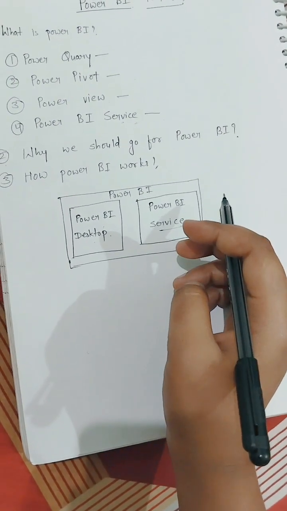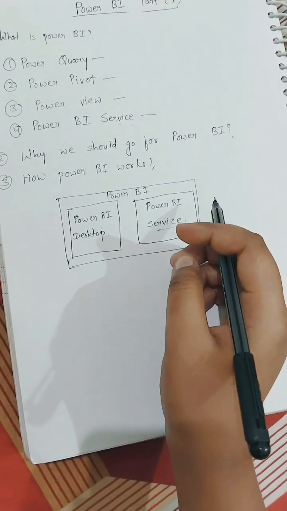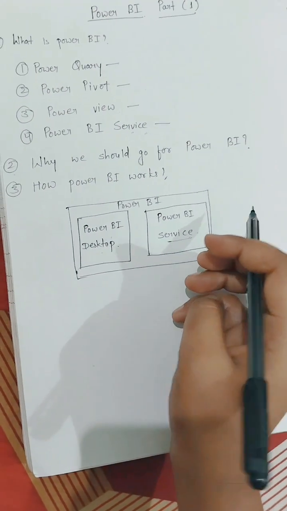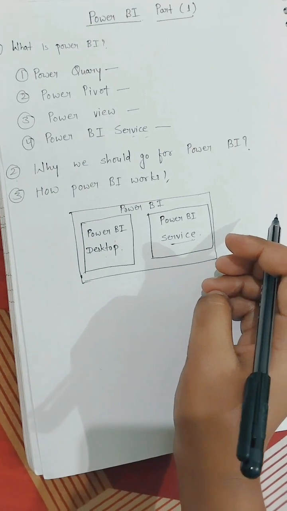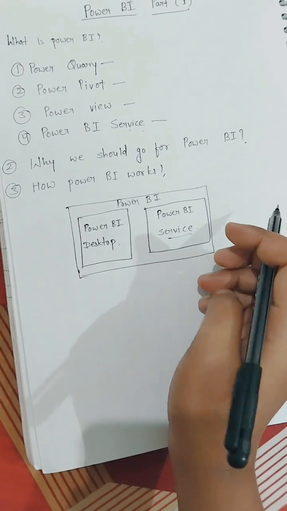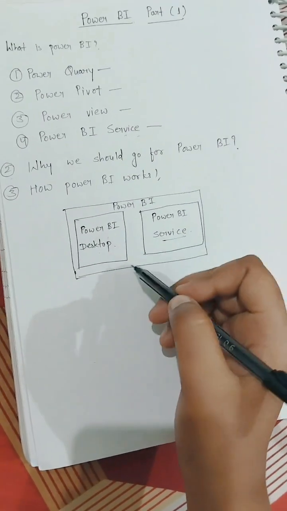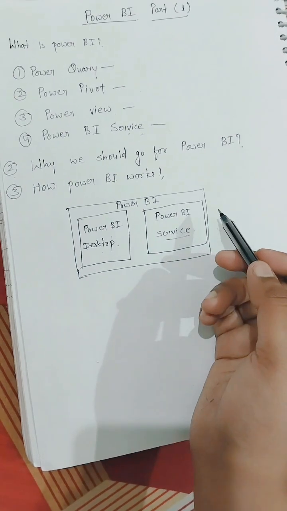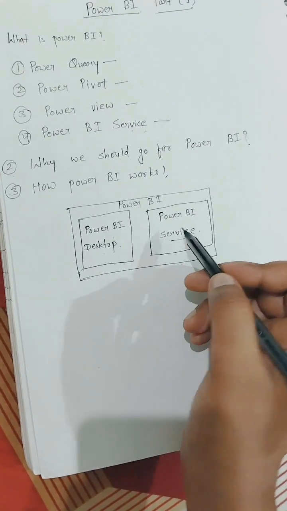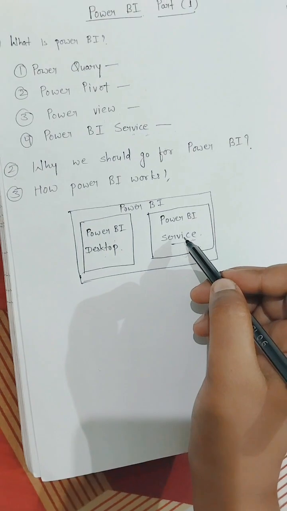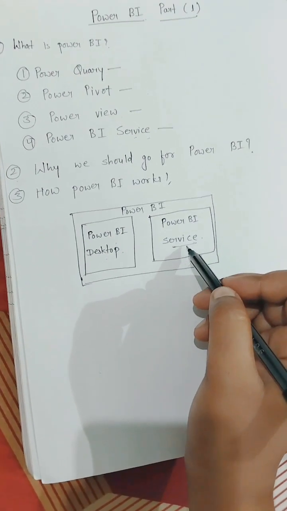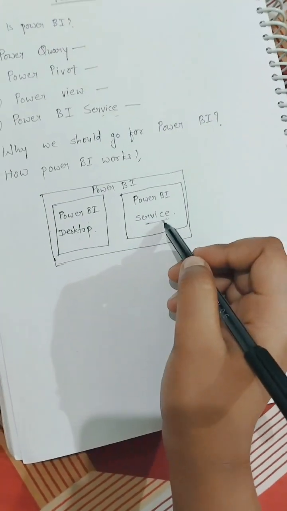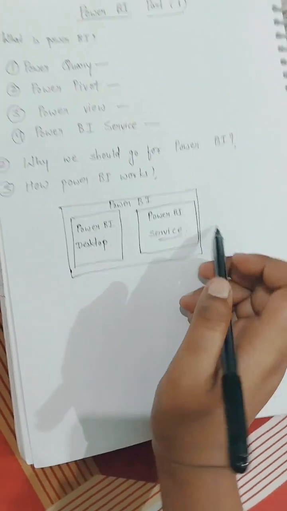After taking the data, we can do data modeling by creating different charts and maps. After creating the report, we want to publish it on the online service. We want to publish it on Power BI service and show different people that we have created our report, and please see that report. So with the help of Power BI service, we can share our report.